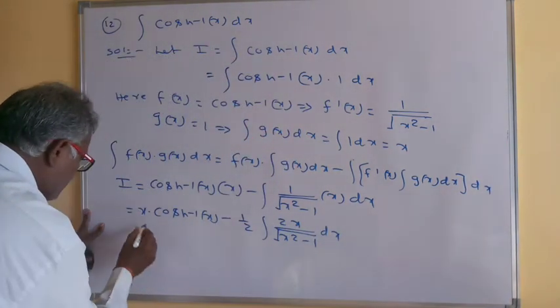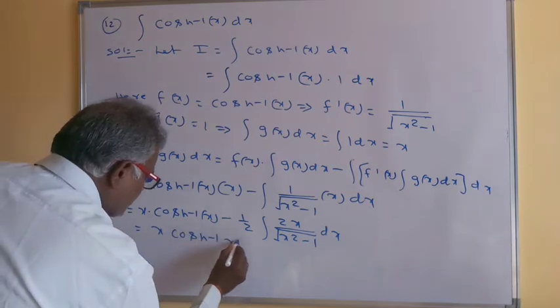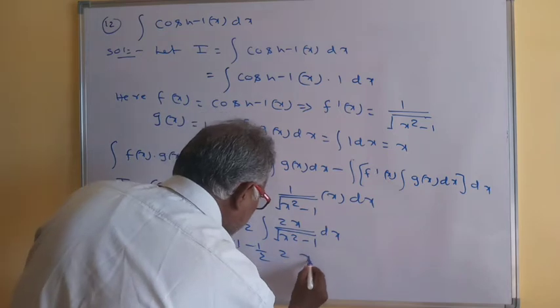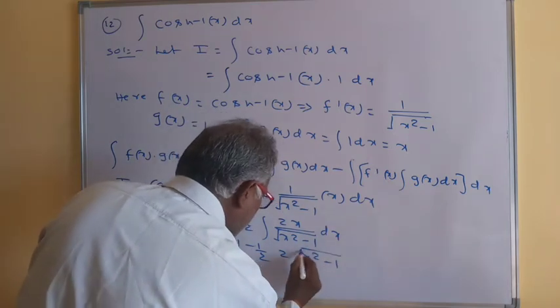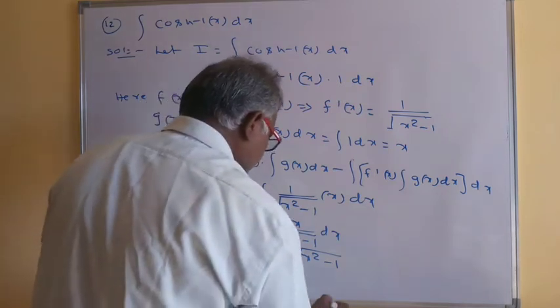So, now x cos h inverse x minus 1 by 2 into 2 root, okay, 2 get cancelled.